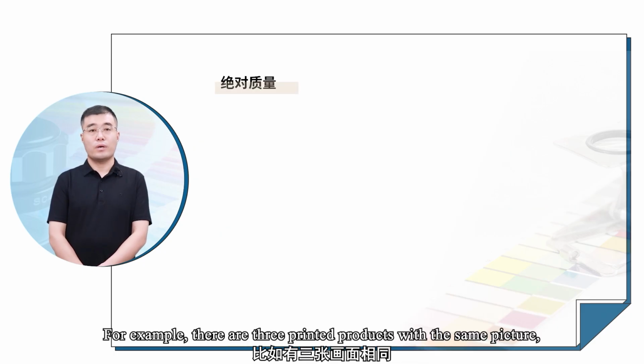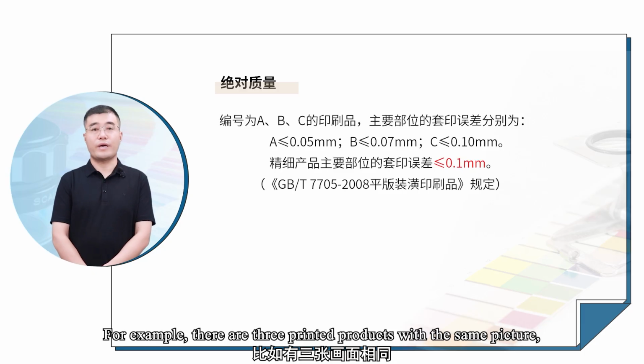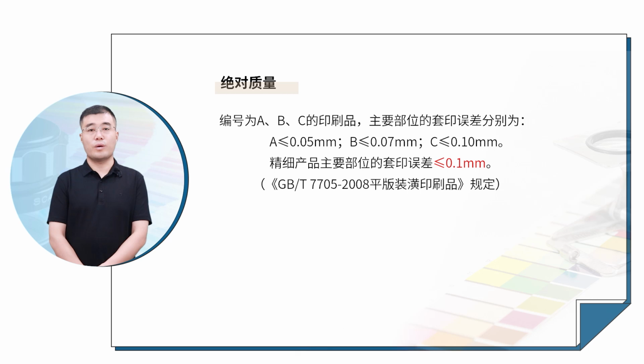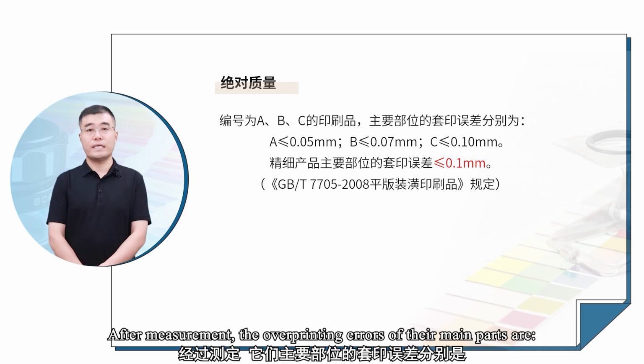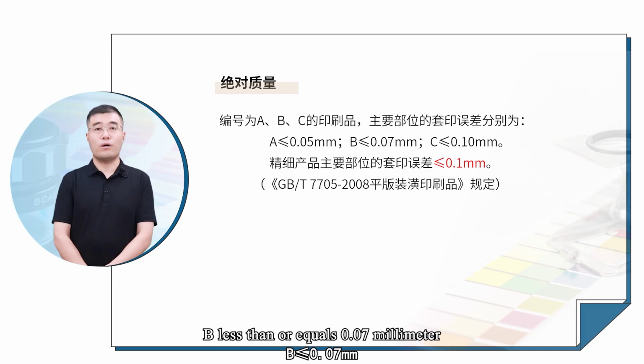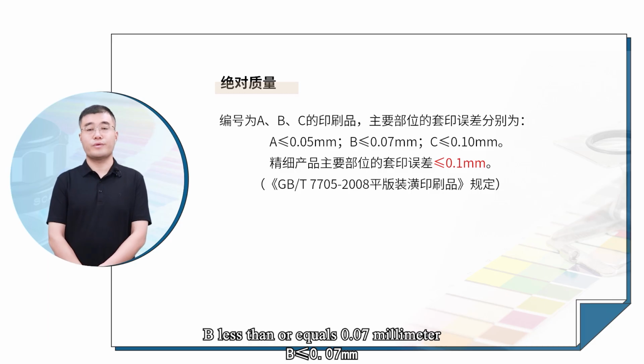For example, there are 3 printed products with the same picture, numbered A, B, and C respectively. After measurement, the overprinting errors of their main parts are: A less than or equal to 0.05 mm, B less than or equal to 0.07 mm, C less than or equal to 0.10 mm.